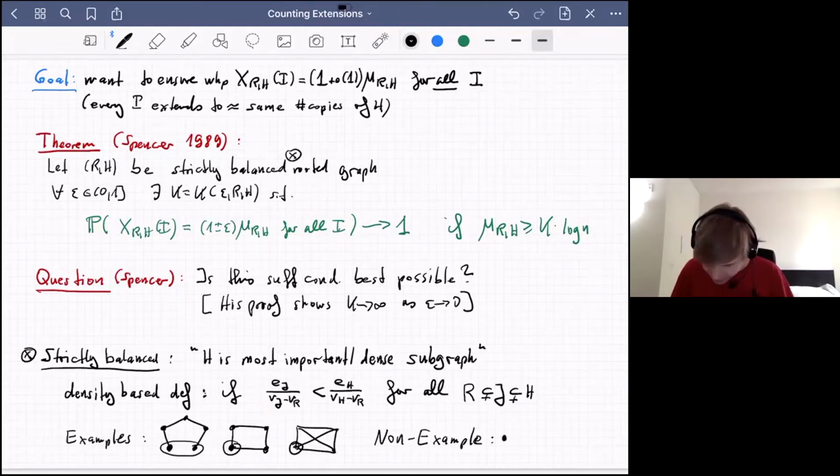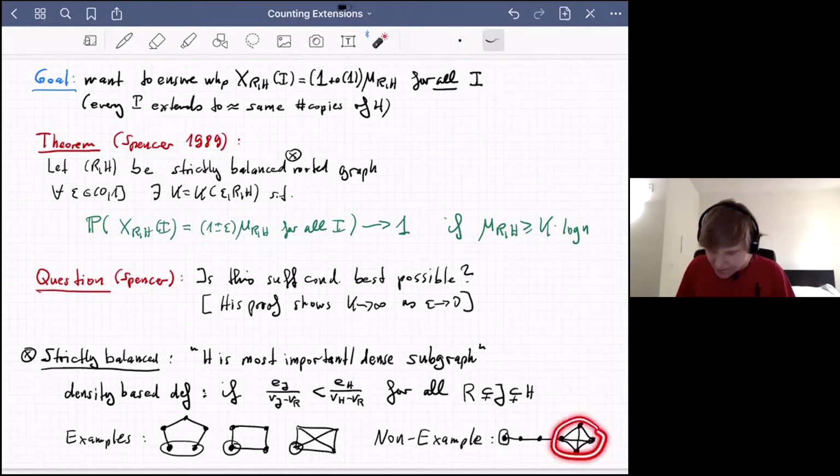Maybe one of the simplest examples you can imagine is that you have some very, very long path, rooted at this vertex, and then you put something very dense, in this case a clique, all the way at the end of this path. Intuitively, the fact that there's this clique over here is much more important than the path here. And so this would be not strictly balanced.